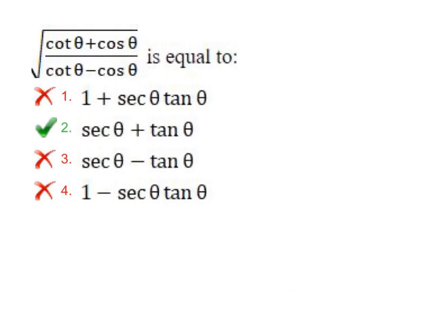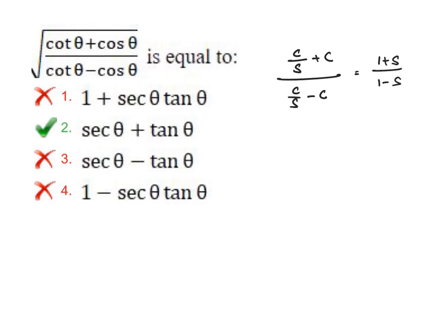Under root of cot theta plus cos theta by cot theta minus cos theta is equal to, first take the expression which is under root. So cot, I can write it as cos by sine, so cos by sine plus cos by sine minus cos. If you take the common of cos theta and cancel it, you will be left with 1 plus sin theta by 1 minus sin theta.